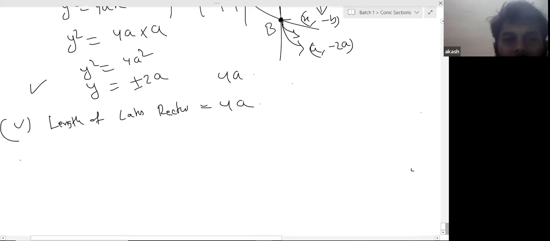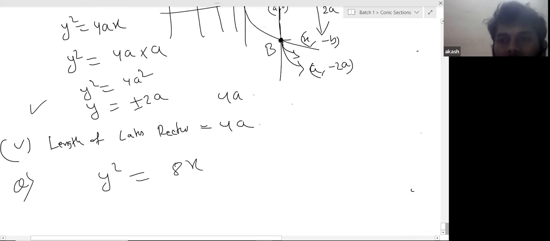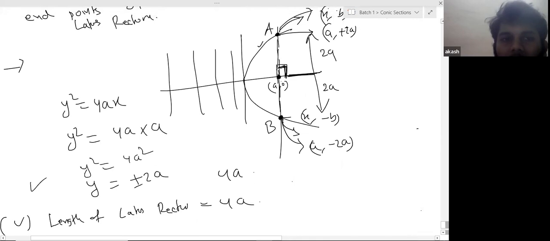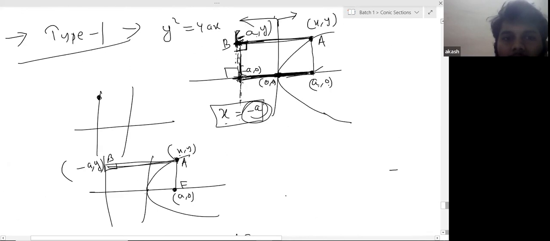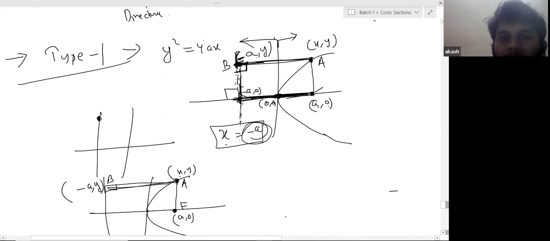Let's try to solve the question. y square equals 8x. And one thing I forgot to mention: in these equations, a is always positive. Type 1, y square equals 4ax, a is always positive.